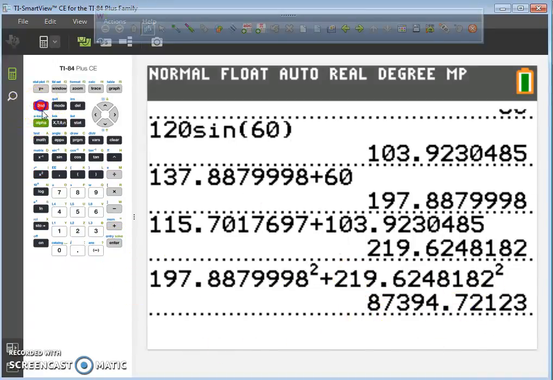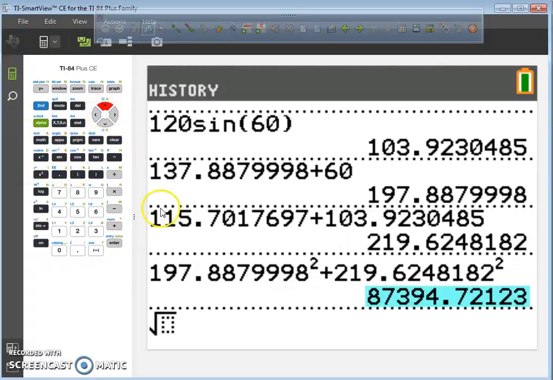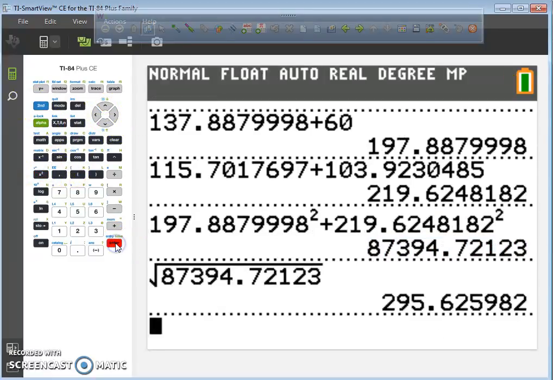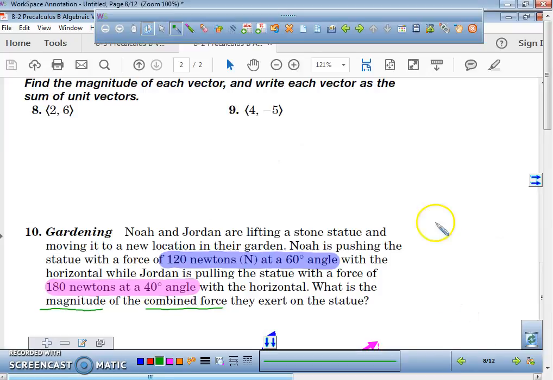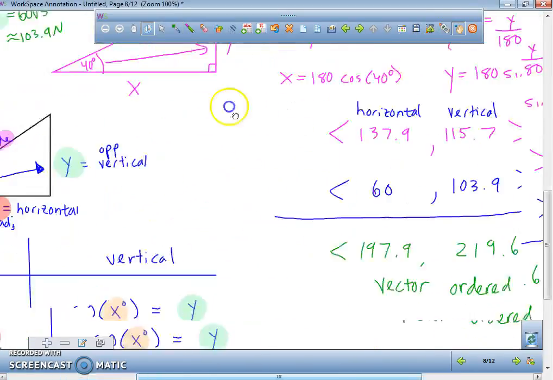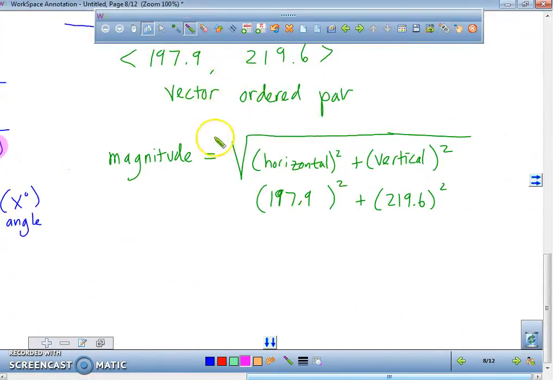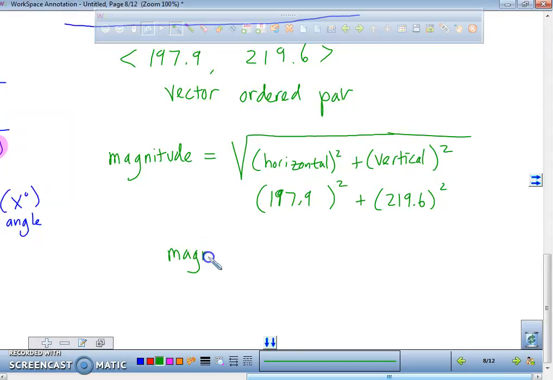I have to take the square root. 295.6, everybody. 295.6 is your final magnitude. 295.6 newtons, just rounding it to the nearest tenth.